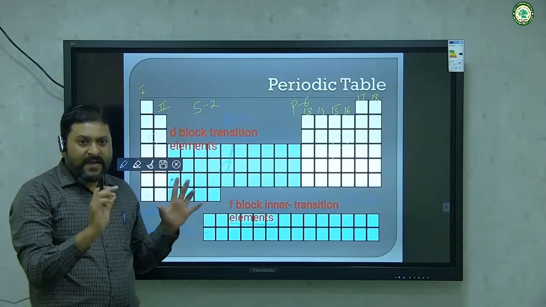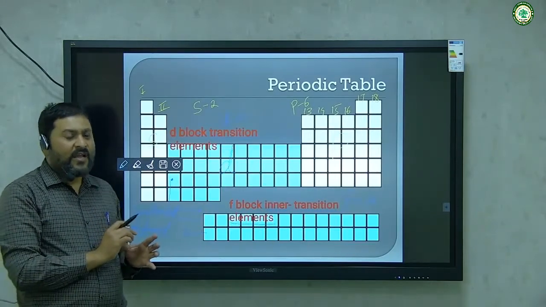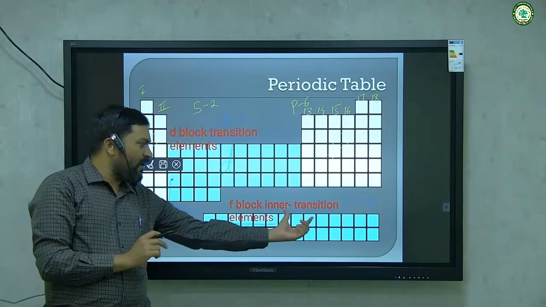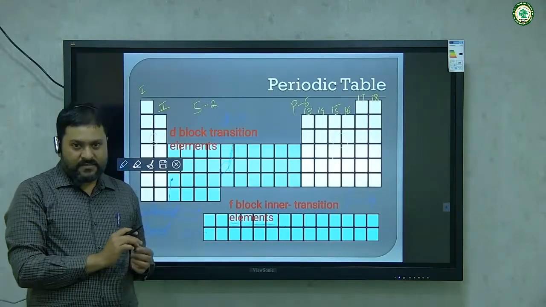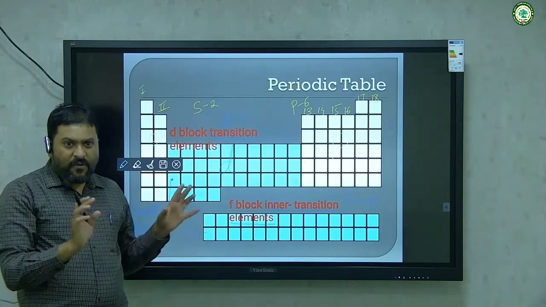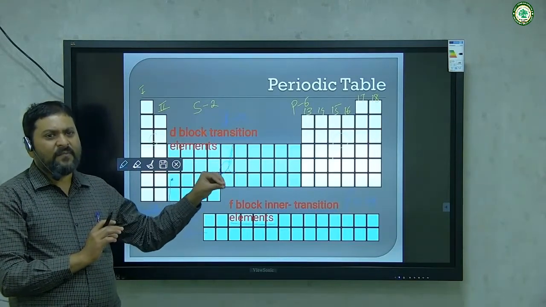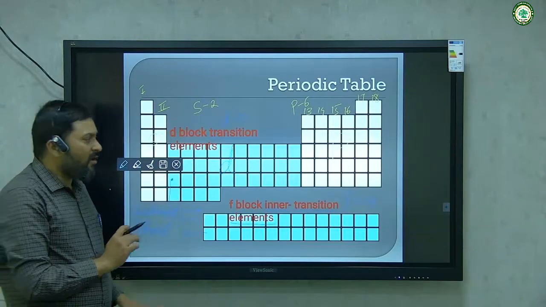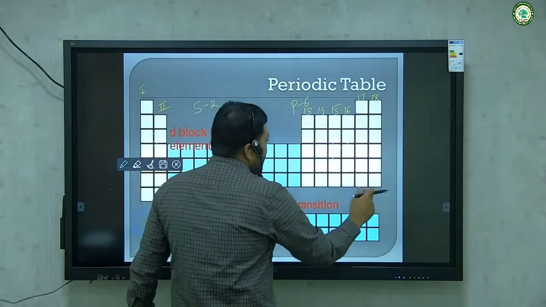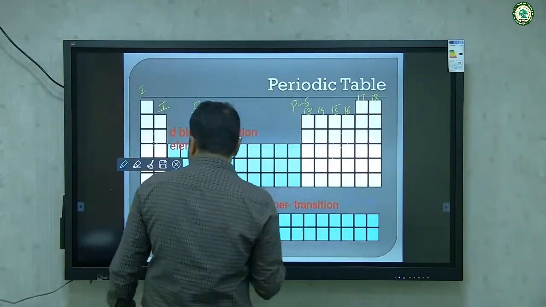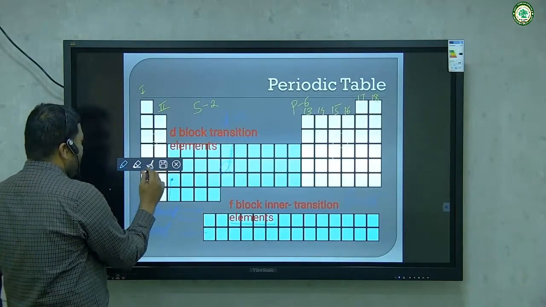But to maintain the shape of the modern periodic table, we have to put these F block elements toward the downward side. First of all, we have seen the detailed sketch of this periodic table and the elements which are put forward in the periodic table.